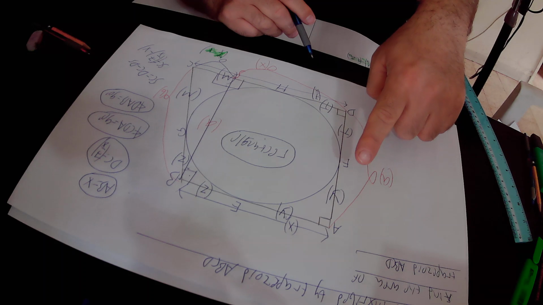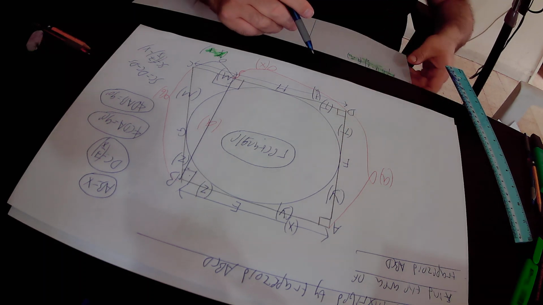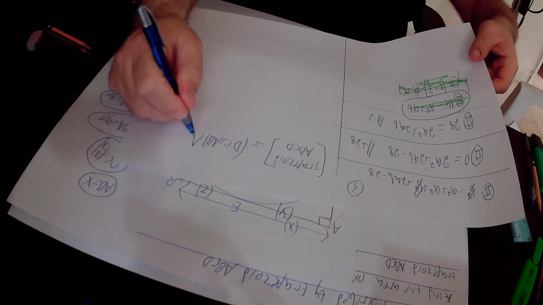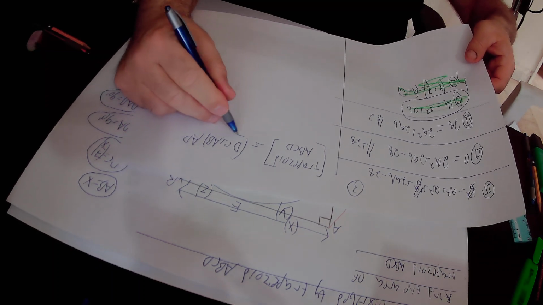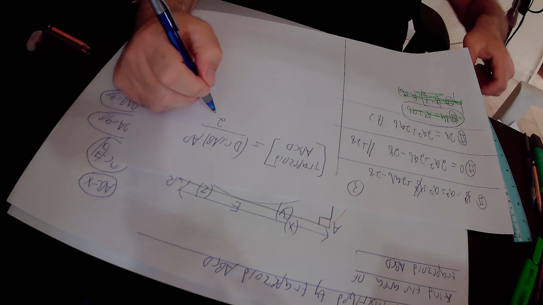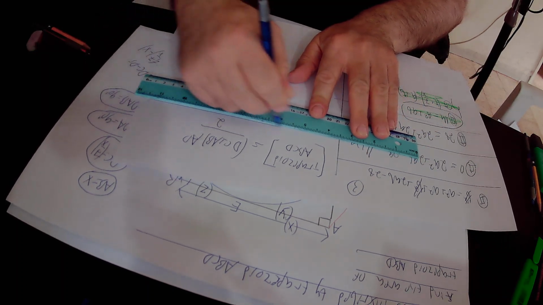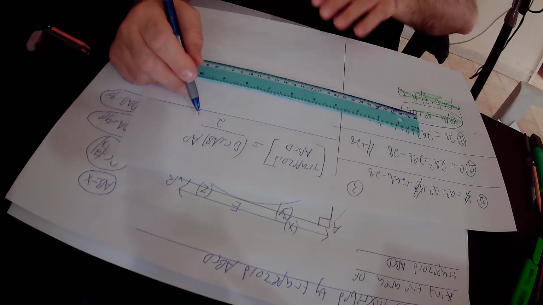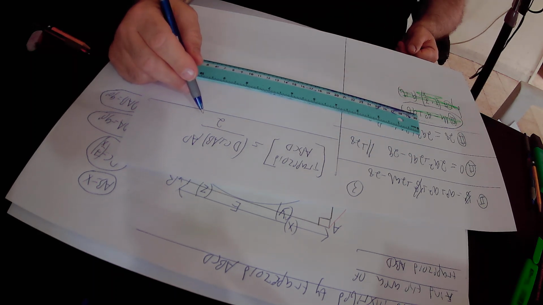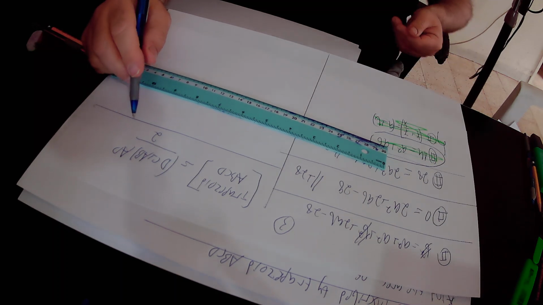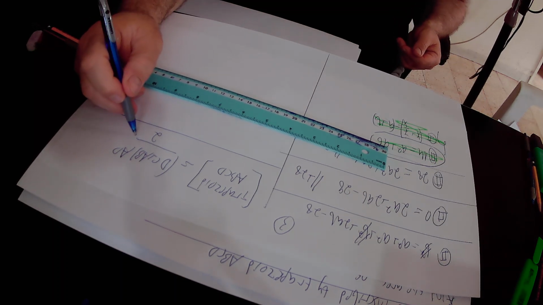And therefore AD is the height to the base. So times AD, that is the height, over 2. So in conclusion, the area of trapezoid ABCD equals DC plus AB, that is the sum of the two bases of trapezoid ABCD, times the height, that is AD, over 2.